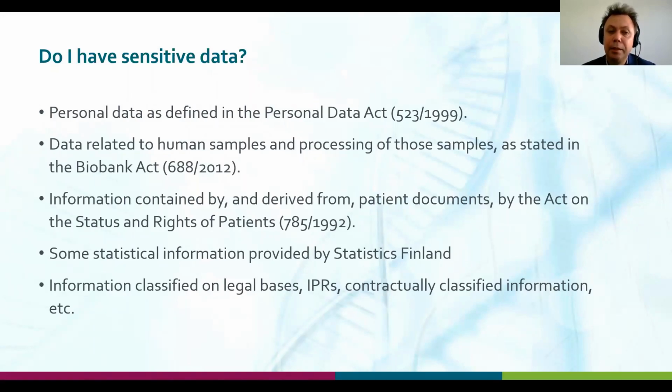There are other things that are also important, which may not always come to our mind when we're doing research on human data. So some of the statistical information that is provided by Statistics of Finland is classified as sensitive data as such.